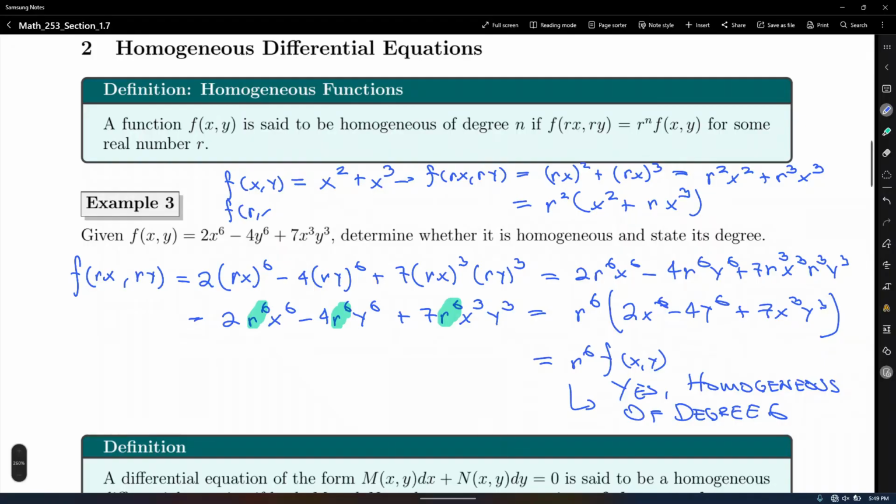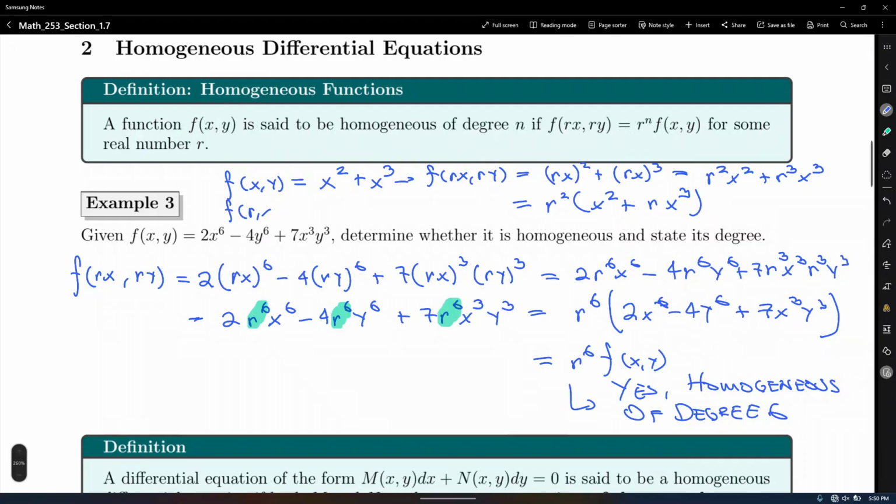So how can we tell by just eyeballing a function? Okay, power 2, power 3, overall power 2, overall power 3. Well, different overall powers for every single term. In the example number 3 we did here, overall power 6 for the first term, and for this product of variables, what do we have? Power 3 and power 3.